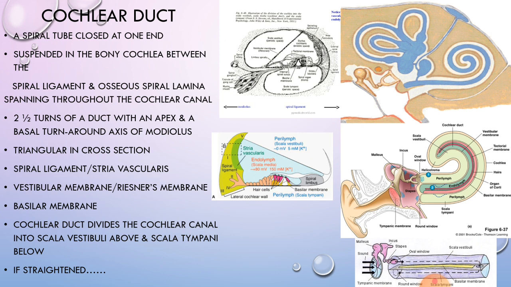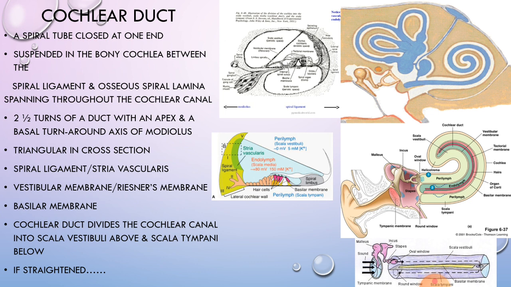Now the cochlear duct, we've started the membranous labyrinth. The cochlear duct is a spiral tube closed at one end. It is suspended in the bony cochlea between the spiral ligament and the osseous spiral lamina, spanning throughout the cochlear canal.